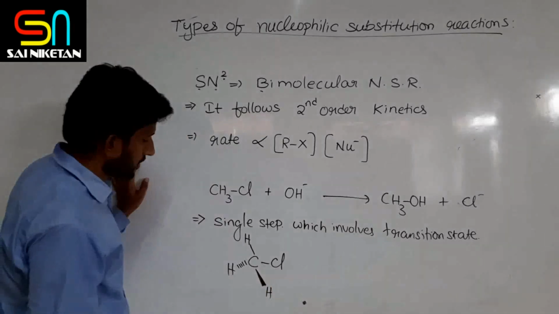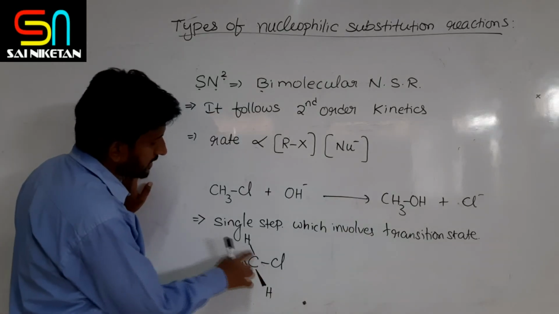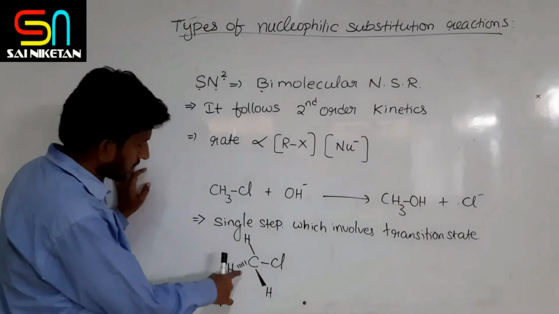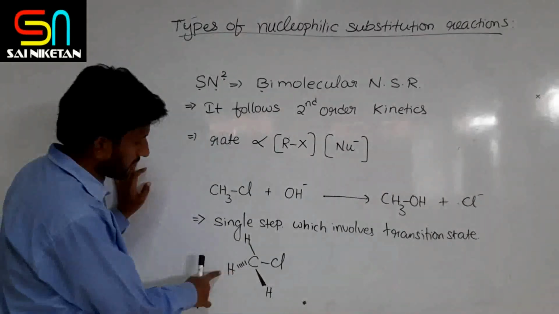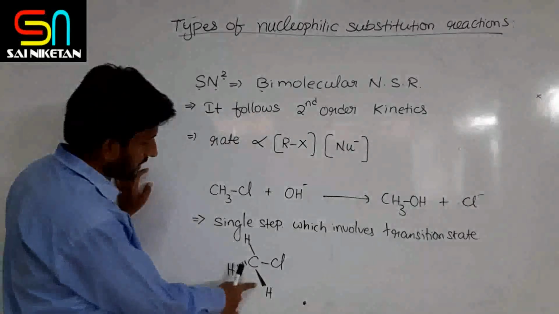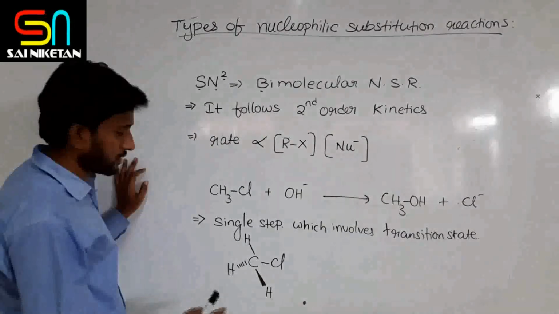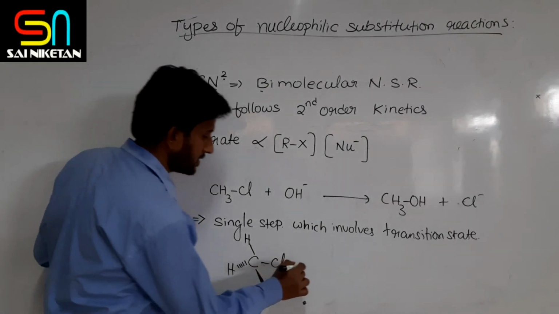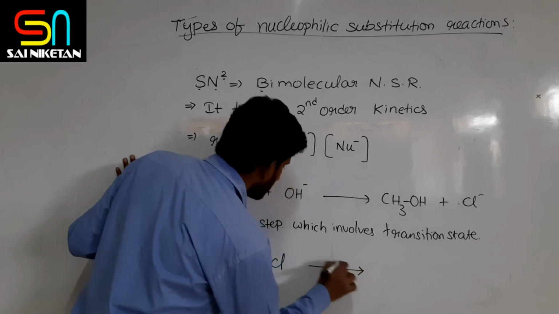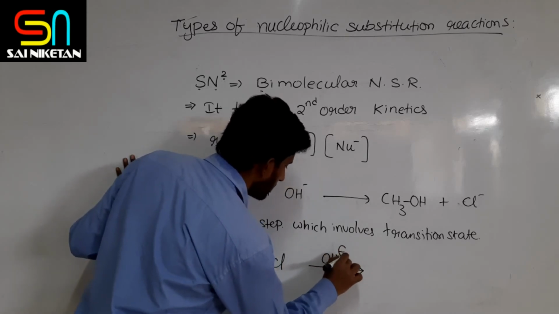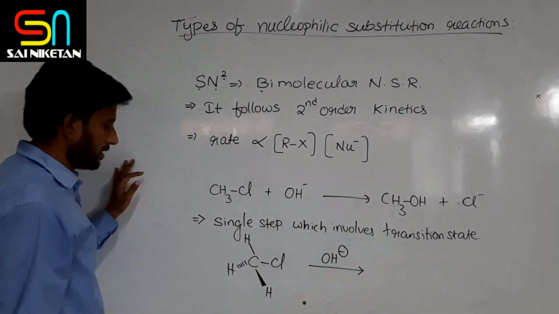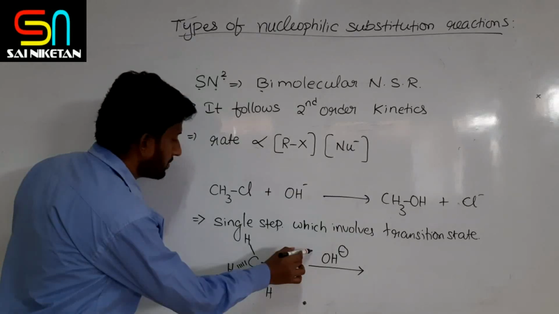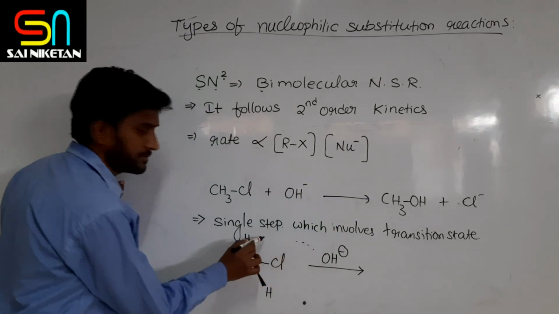Let us assume two of them are in the same plane. Dotted line means away from the observer, thick line means towards the observer. What is happening in this case is the nucleophile approaches from the back side.